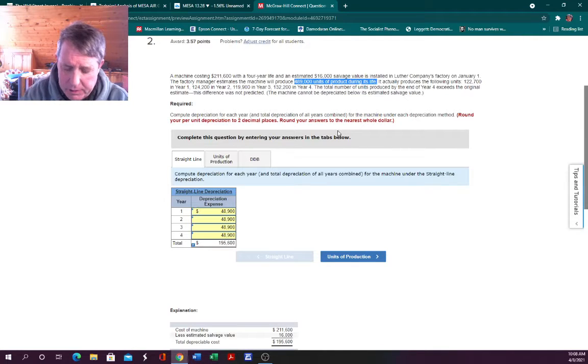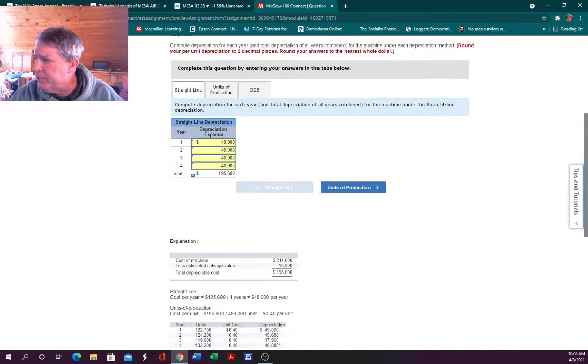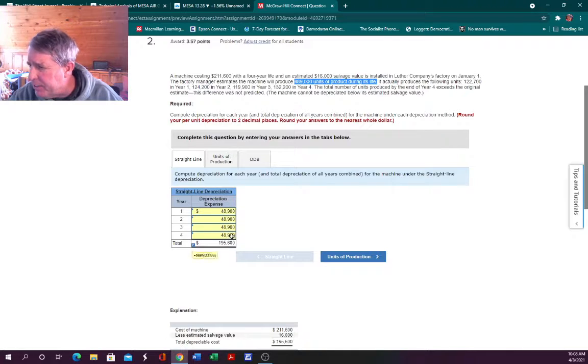Okay, let me check Joel's text again. I'm looking for the units of production part where it asks to insert year 4 depreciable units. You can only depreciate it to its salvage value. That is the basis of what I'm going to show you here. As you can see, here's the straight line depreciation.